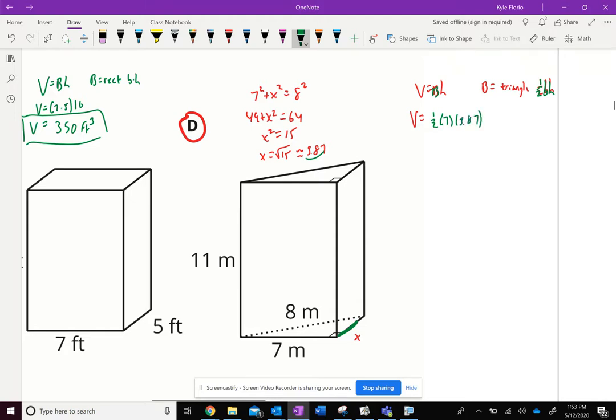And times the height of this thing, it's 11 meters tall. So the green is the base, and then we just got to find the area of that triangle and multiply it by the height, which is 11. And what does that come out to be? That's the letter D. I got about 149. So it's approximately 149 cubic meters. Okay.